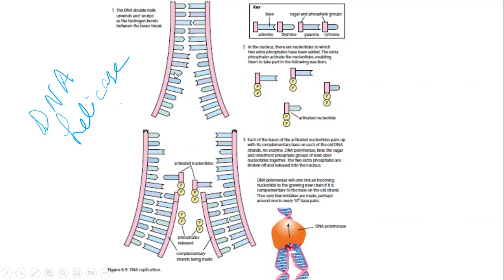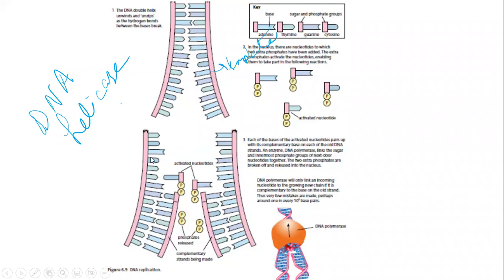Once your DNA has been separated into two strands, what do we have to do? We have to bring our complementary nucleotides and start arranging them in front of the template strand. The strand that you're making a copy of is known as the template strand.